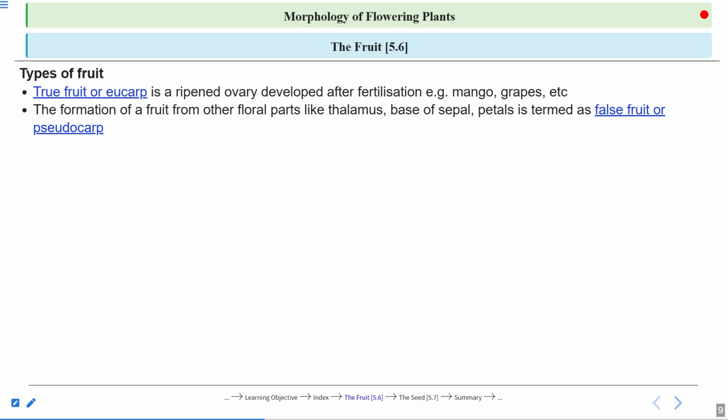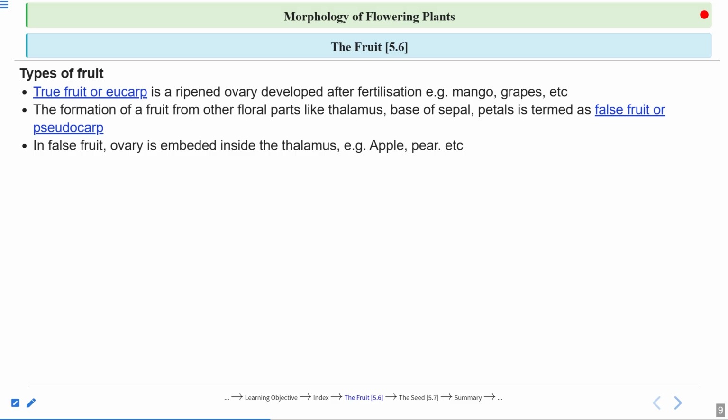So here we will see. In the false fruit, the ovary is embedded inside the thalamus. The ovary sinks inside the thalamus. It goes deep. And what is that condition? Hypogynous, perigynous. And what is the third one?